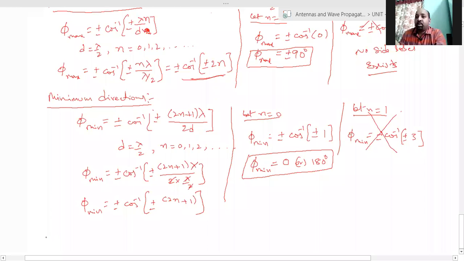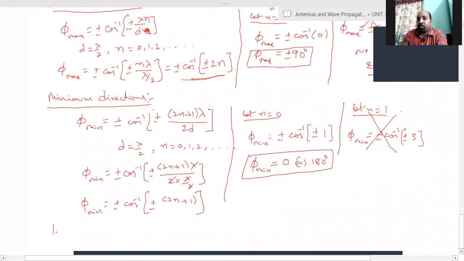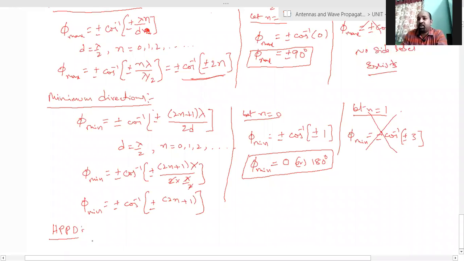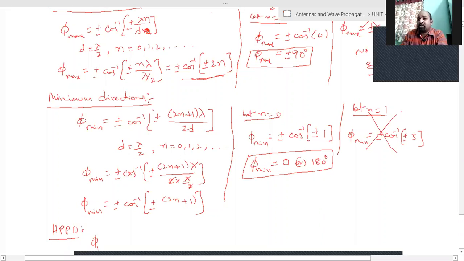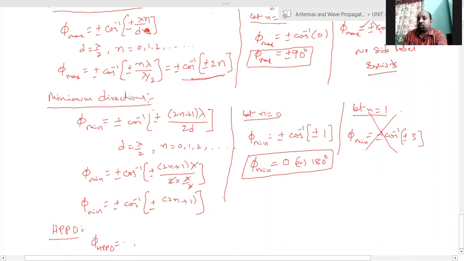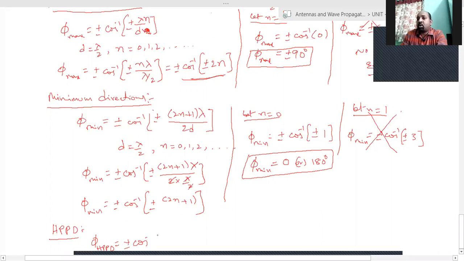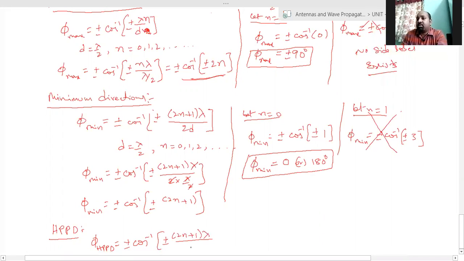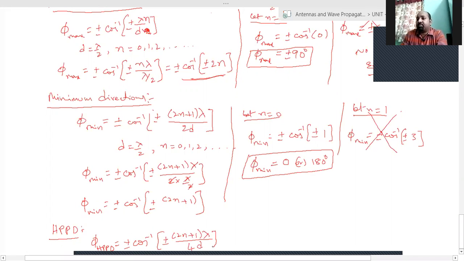And now let us try to determine the half power point directions. So what is the expression? Half power point directions is equal to plus or minus cos inverse plus or minus 2n plus 1 lambda by 4d, right?